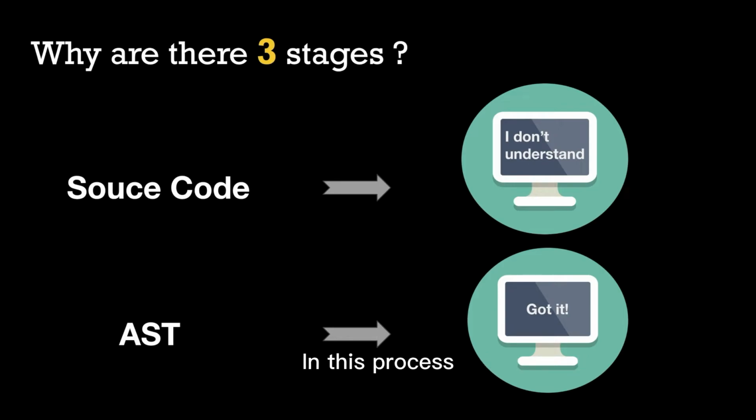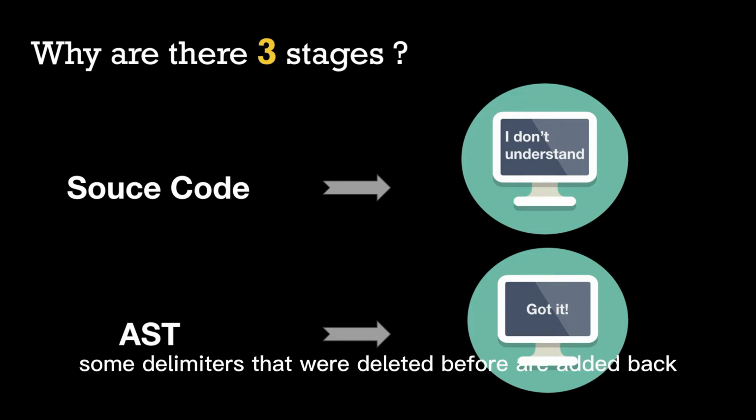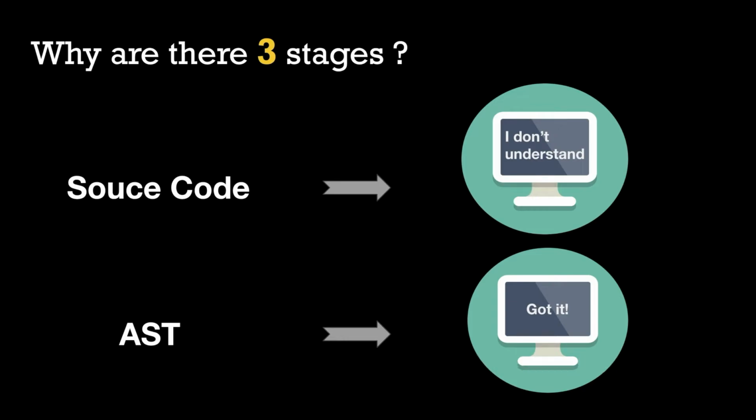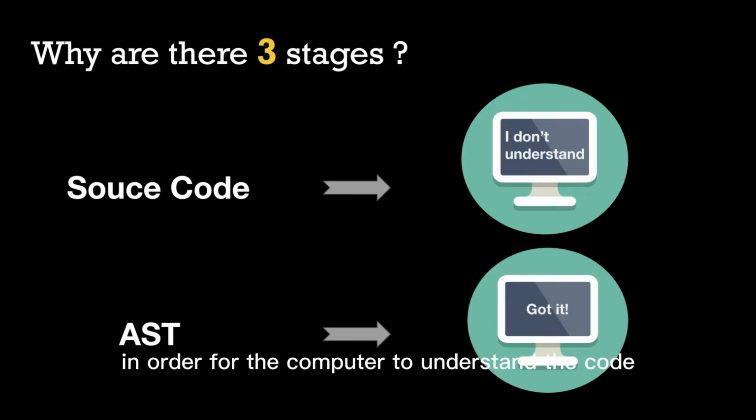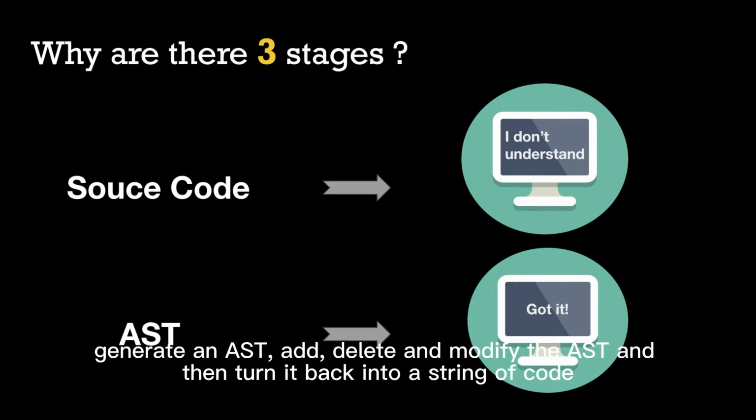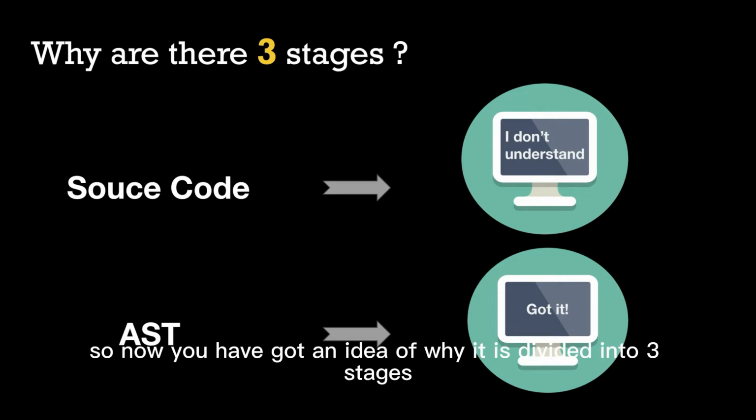In this process, some delimiters that were deleted before are added back. So let me briefly summarize this part for you. In order for the computer to understand the code, it is necessary to parse the source string first and generate an AST, add, delete, and modify the AST, and then turn it back into a string of code. So now you have an idea of why it is divided into 3 stages.